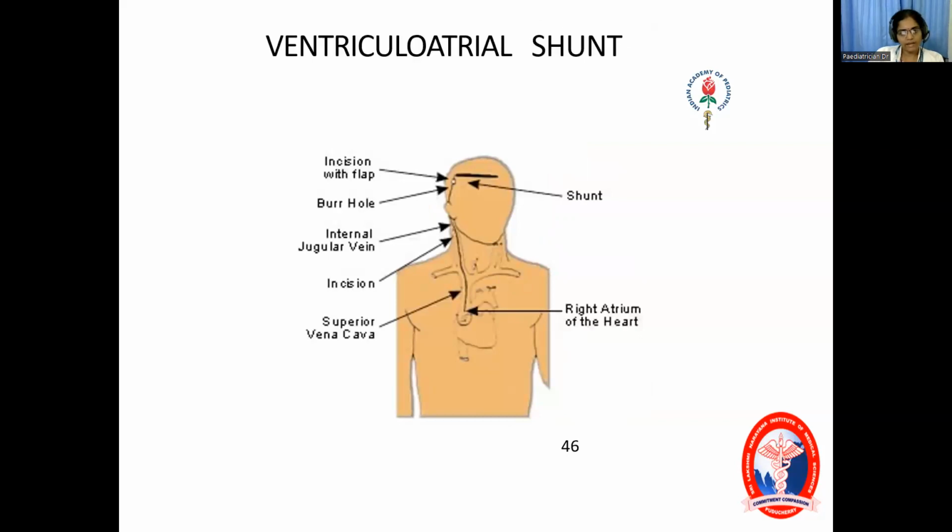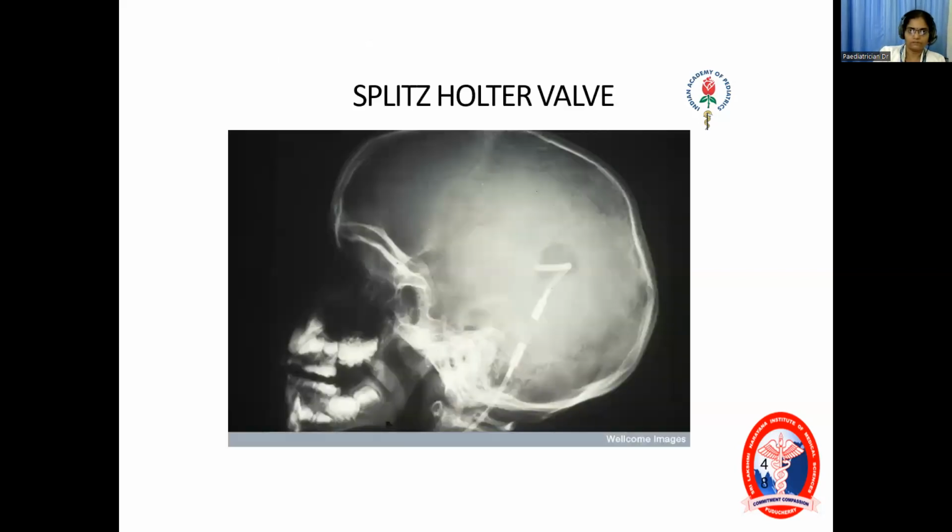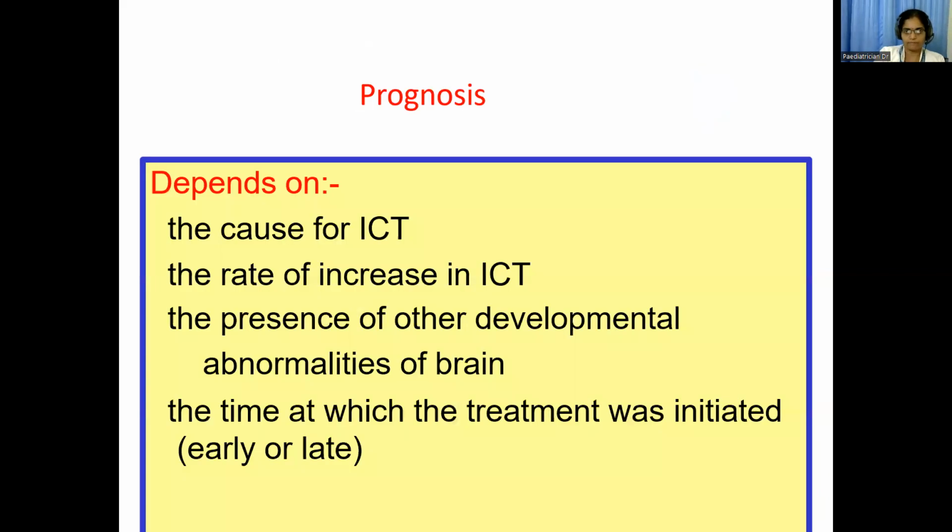This is the ventriculoatrial shunt again, which is not commonly done, but here the catheter is placed from the lateral ventricles, going through the internal jugular vein and SVC, and placed in the right atrium of the heart. So this is a valve that controls the flow of the CSF. It's called the valve.